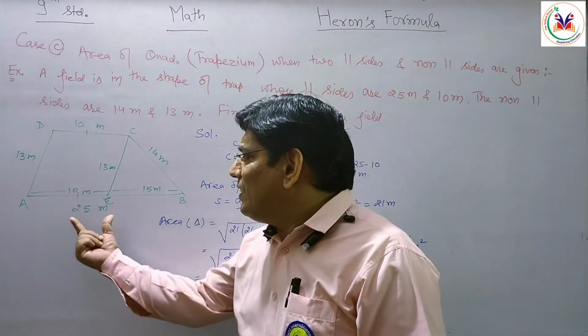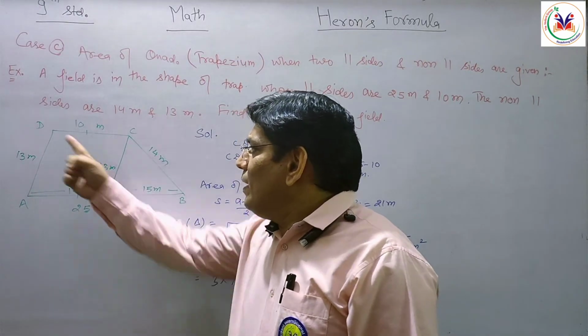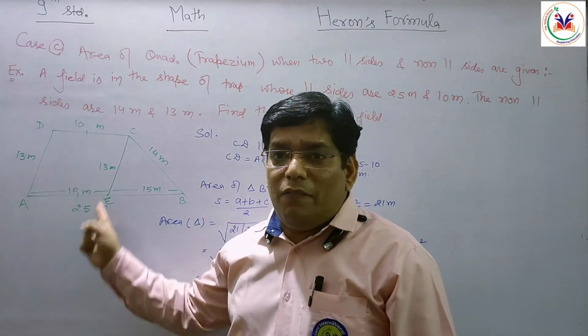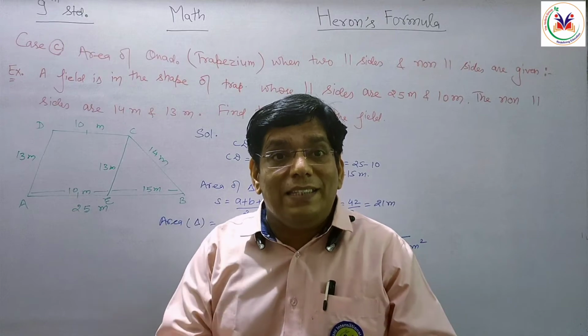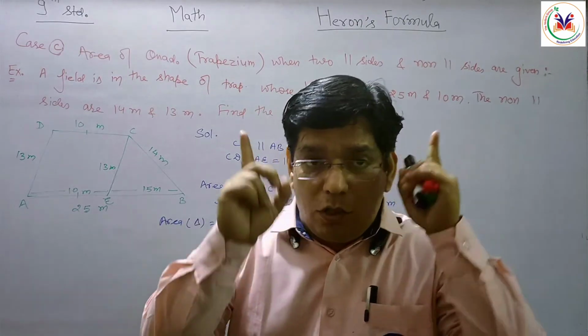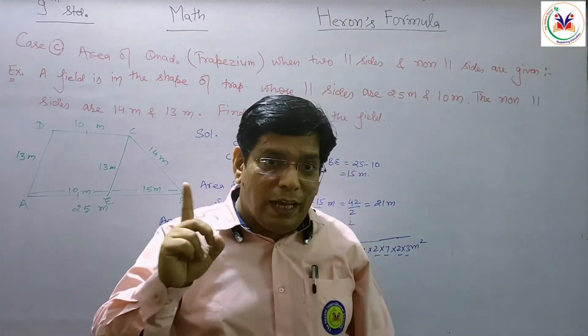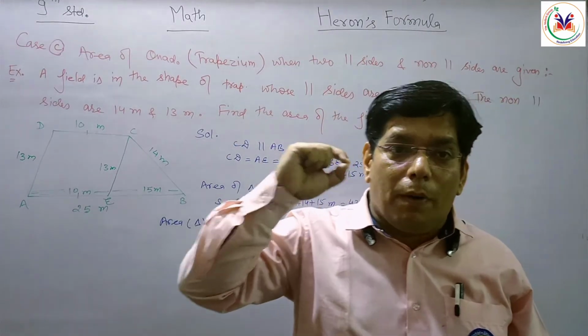So for the sum of parallel sides, the two parallel sides AB and CD are given, so 25 plus 10 you can calculate. But the thing is that height is not given, because on the first day I told you regarding the height, height must be perpendicular.